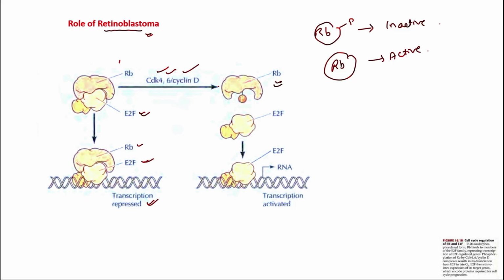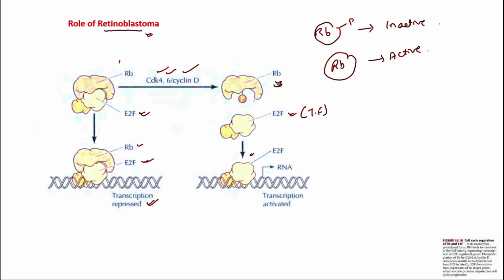So CDK4 as well as CDK6 will phosphorylate along with cyclin D. Now RB is phosphorylated, which means it is not in its active condition. It is inactivated, so it cannot bind with E2F. The transcription factor E2F will be activated now and will bind with the promoter region and do its work.